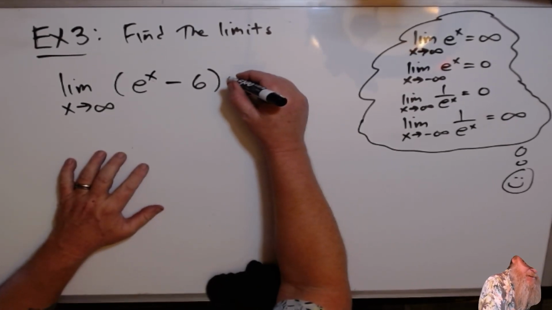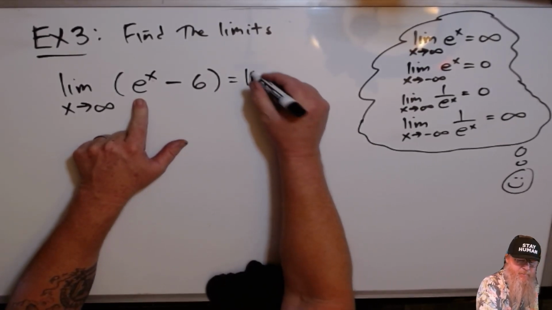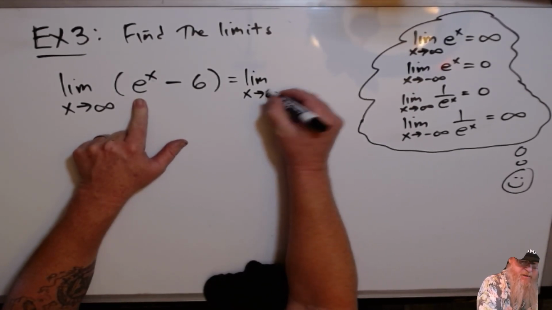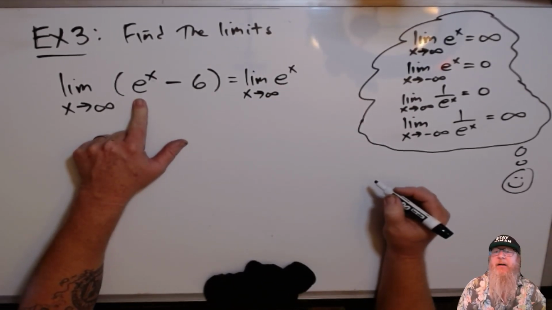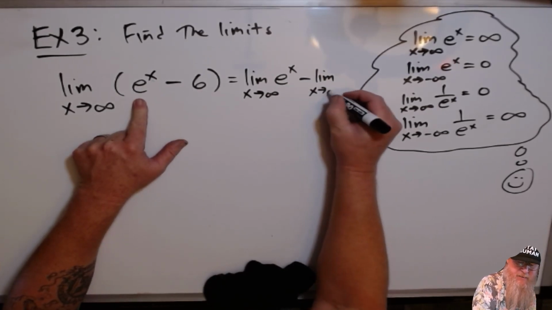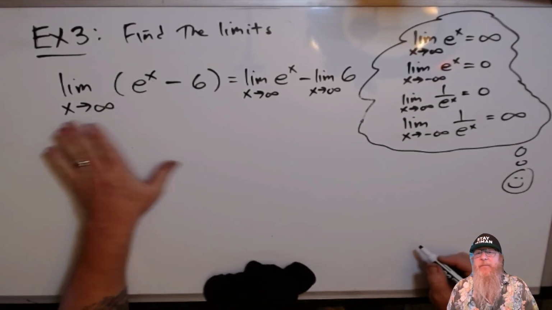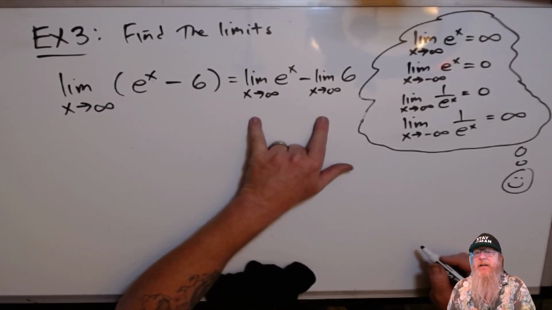Well, that would be the limit as x goes to infinity of e^x minus the limit as x goes to infinity of 6. Yeah. The limit of the difference is the difference of the limits.